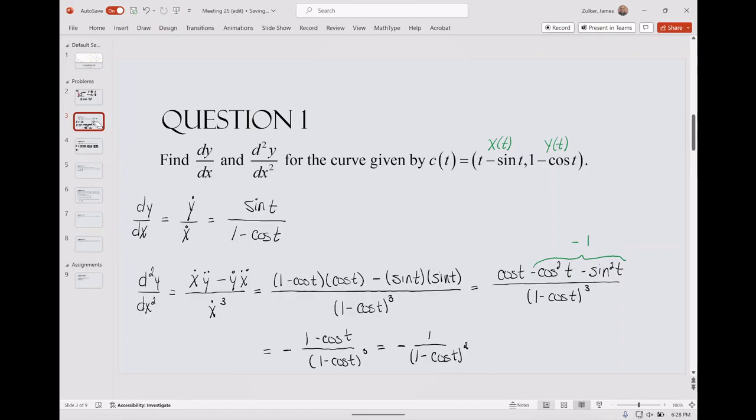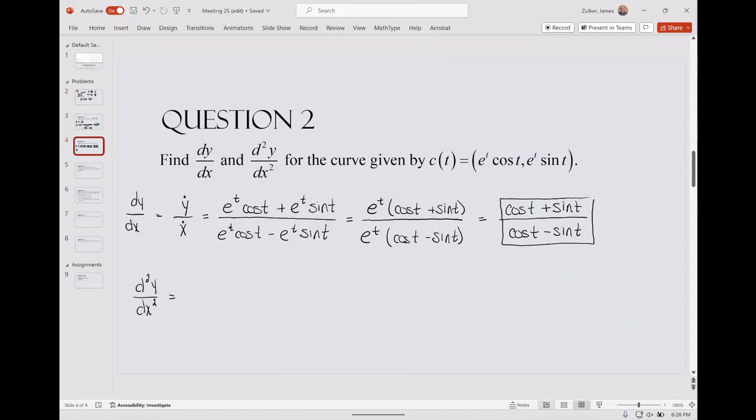I sadly can't get rid of that negative, which also unfortunately means there's no nice easy way to do this one.